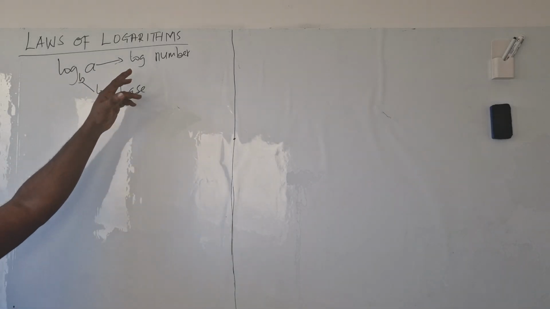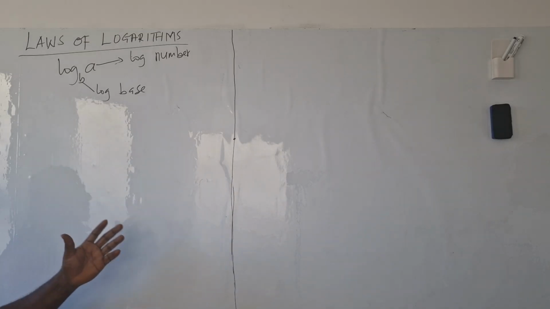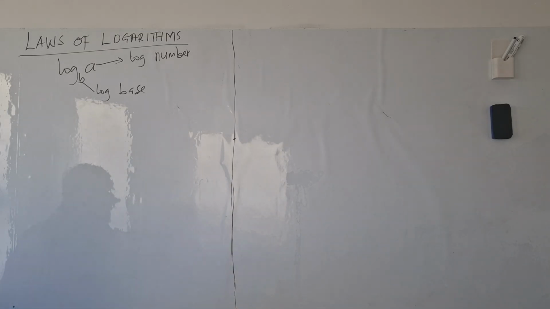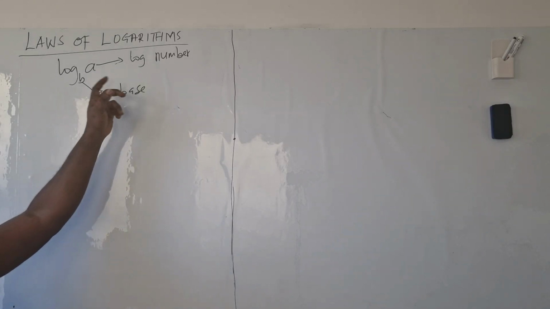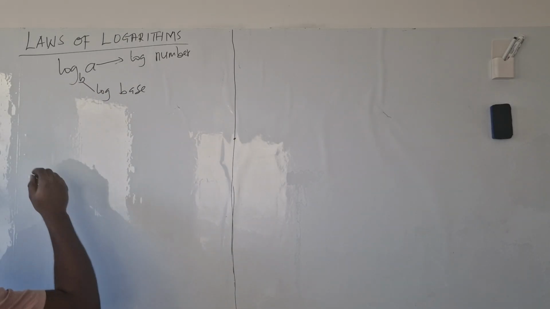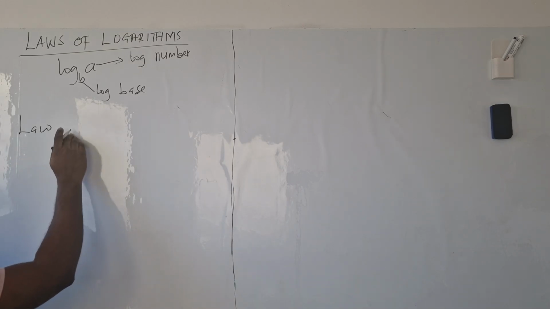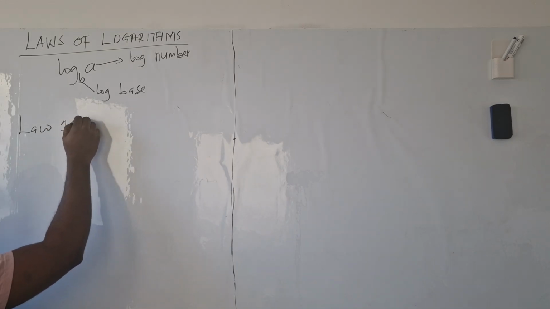Now, the logarithm, you know that it's lengthy, so we cannot write the whole word logarithm. So it's shortened as log, L-O-G, right? Good. Now, let's look at the first law, law 1.